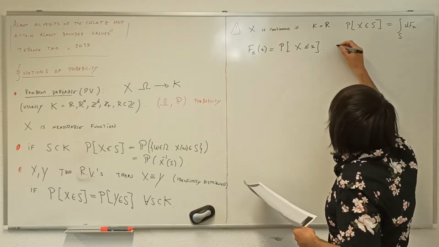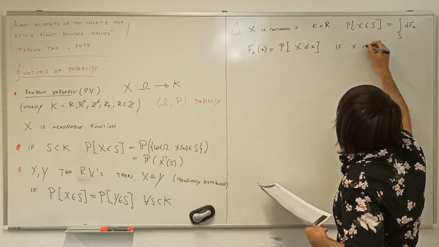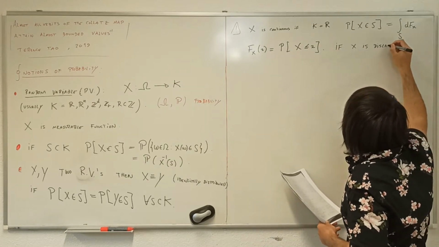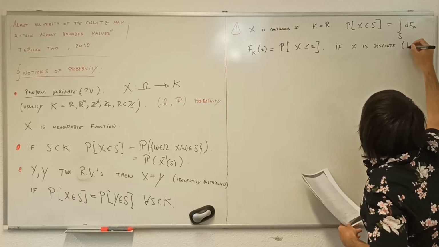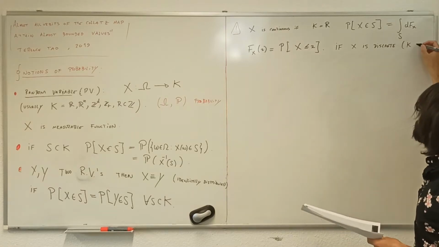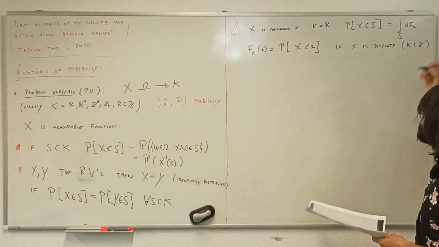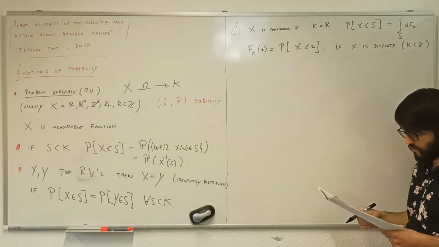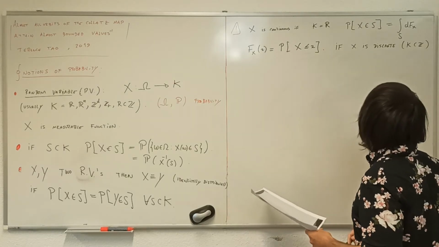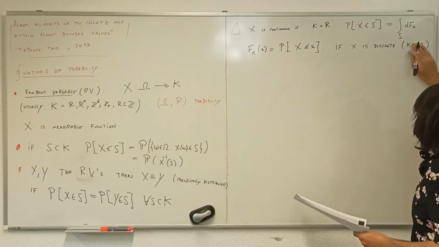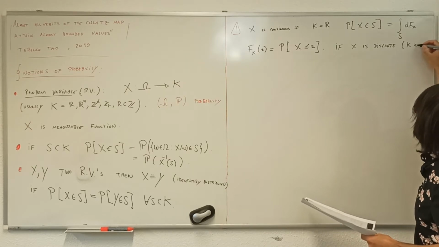If X is discrete, that is when K is, let's say, a subset of Z^d, let's say a subset of the integers, for instance, or it could be anything. So let's say K is discrete.